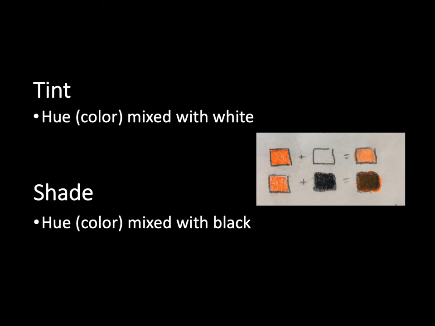But in art, tint means that you have taken a hue, a color, and you have mixed it with white. Think about tints as being the pastel kind of colors. They're the lighter colors. And what happens when you tint something is that you are changing the intensity of it.